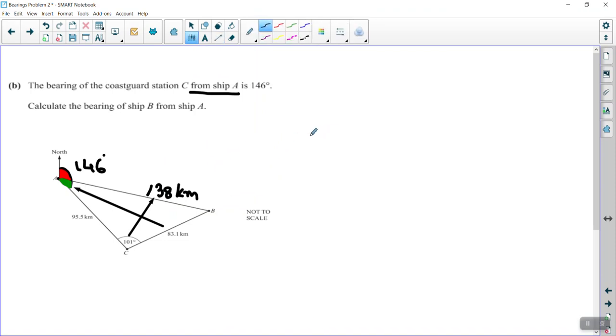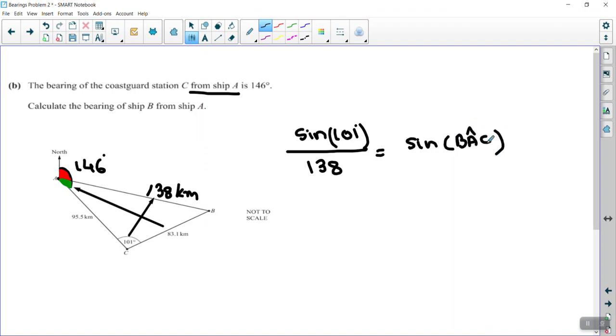How do we go about it? Since the angle is what we are searching for, we put the angle on top. So sine 101 over 138 equals sine of the missing angle, sine of BAC, or you can mark it with a theta, up to you, over 83.1.